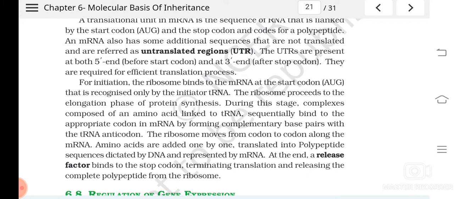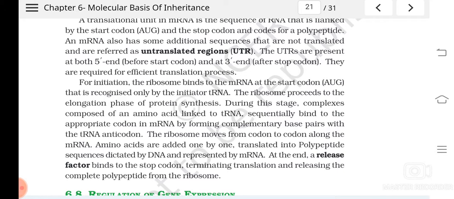So is it clear to everyone how translation takes place? So what all will you write in this? Translation is the process of formation of protein or polypeptide chain from mRNA. Understood? And this takes place where?